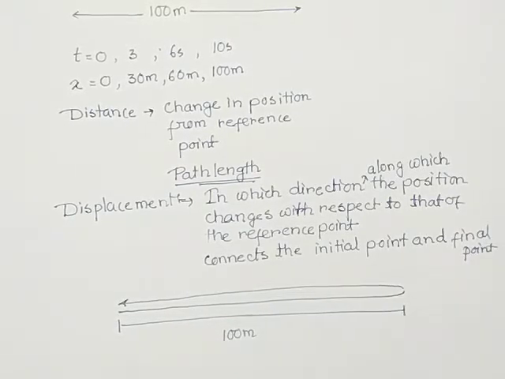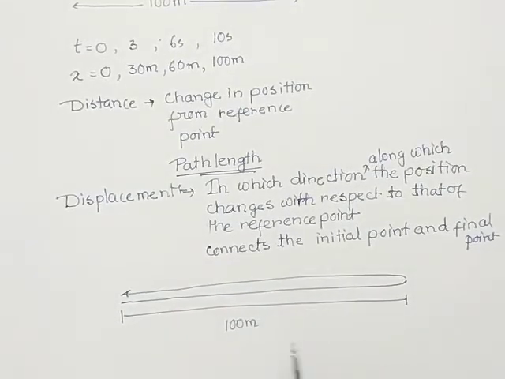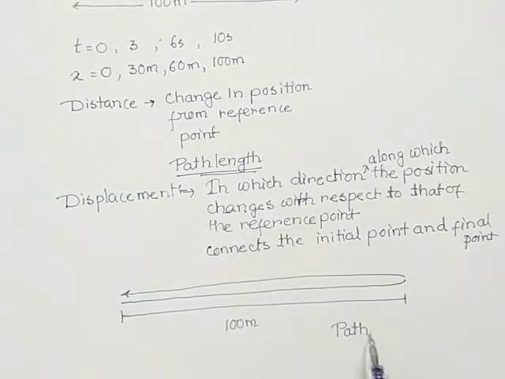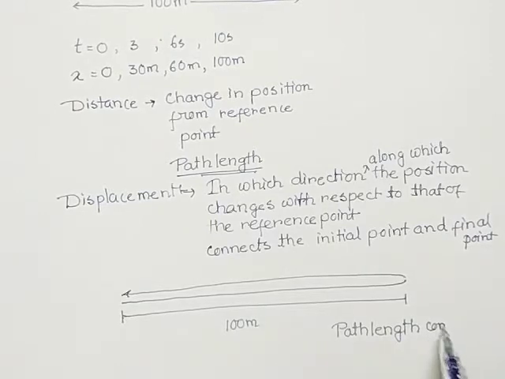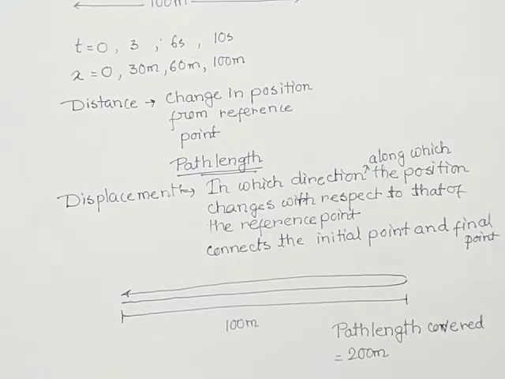If I am concerned about the path length covered by the athlete, it is 100 meters going and again 100 meters returning. So the path length covered by the athlete is 200 meters.